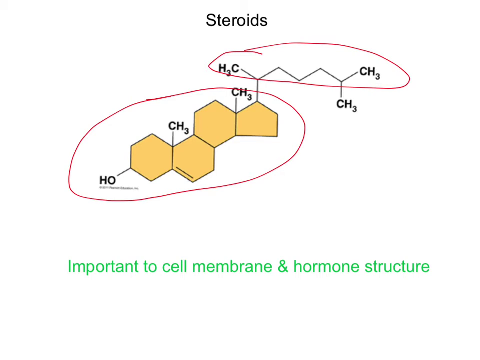Steroids provide the basis for some of our hormone structure. We have lipid-based hormones and we have protein-based hormones. And for steroid hormones, two examples would be testosterone and estrogen. And they are basically exactly the same. They have this same four-ring basic structure, but this carbon skeleton up top is what's going to be different. That's what's going to make male hormones versus female hormones.